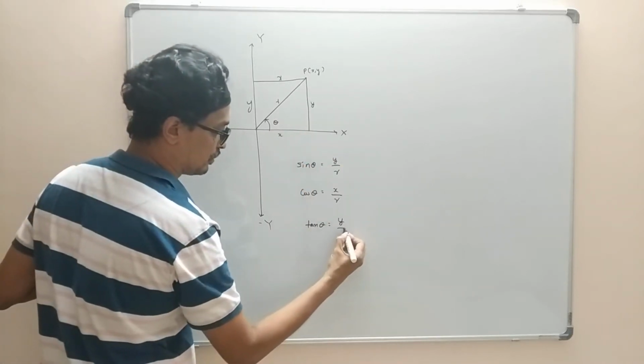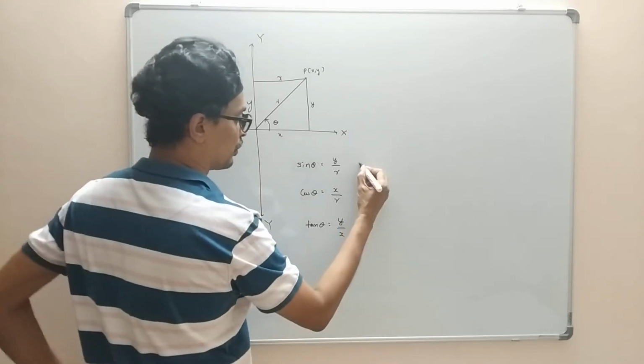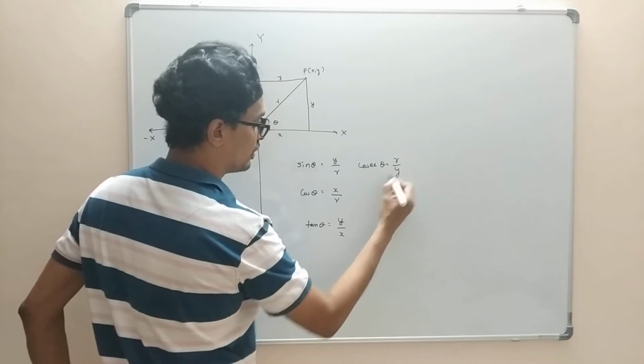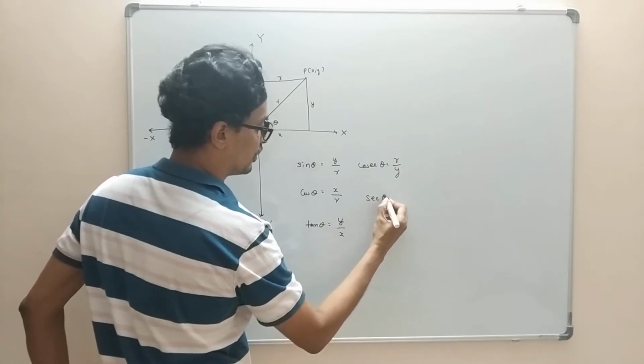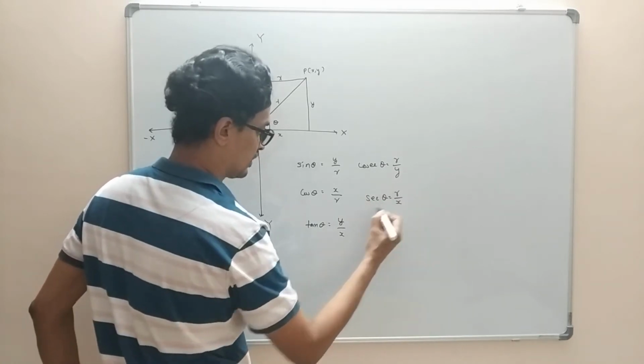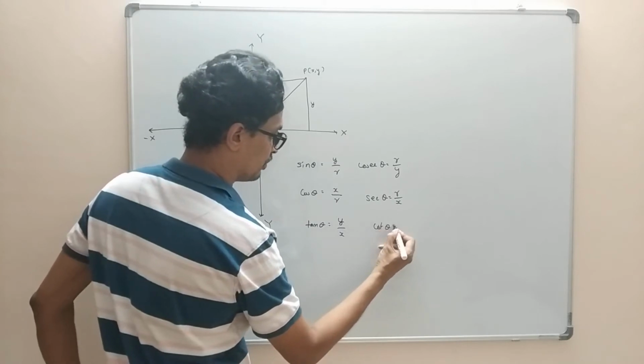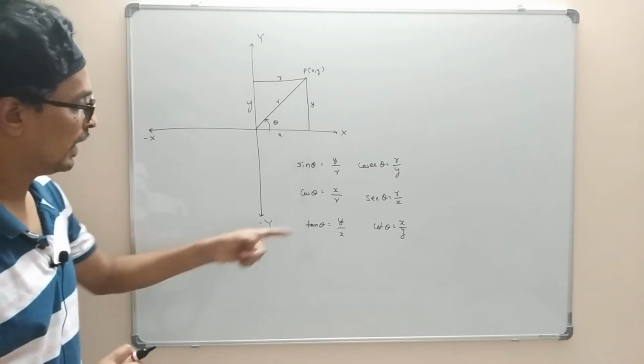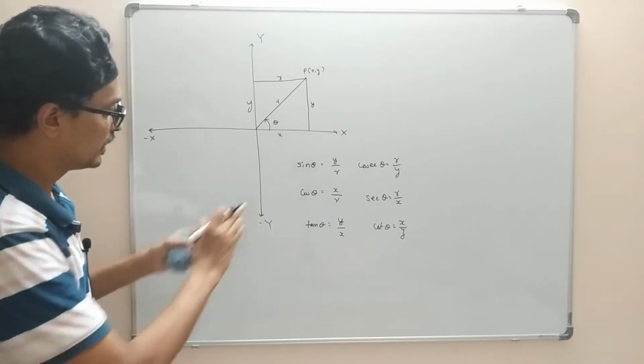Similarly, your cosec theta will be r by y. Sec theta will be r by x. And cot theta will be x by y. Okay, so this is the way.